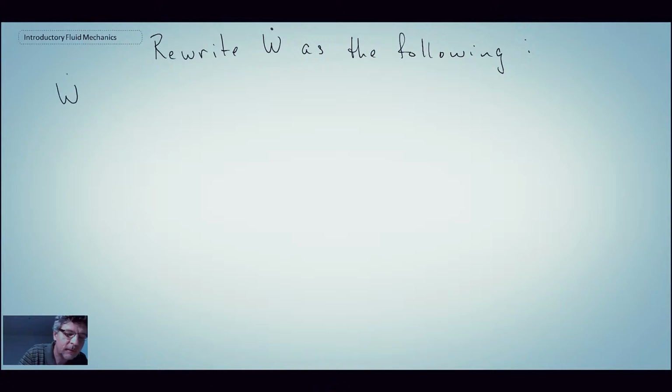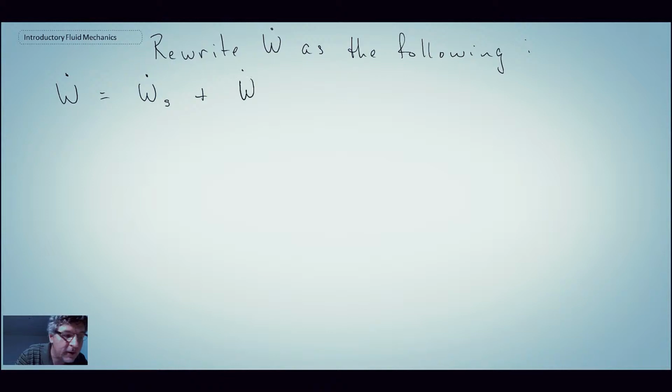We're going to begin by rewriting the work term as the following. So we're going to break work into a number of different components. We're going to say that work could be consisting of what we call shaft work. So that could be a shaft crossing the control boundary.